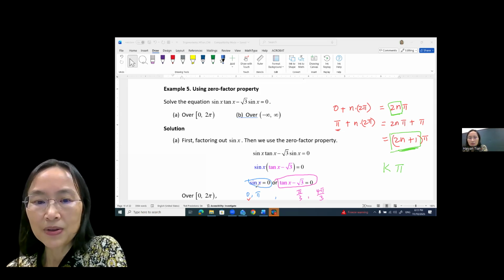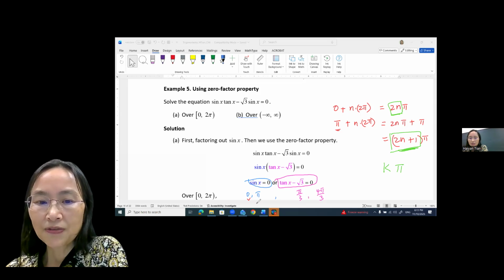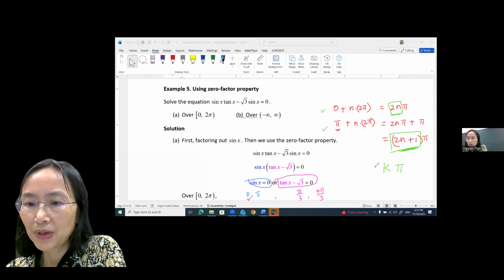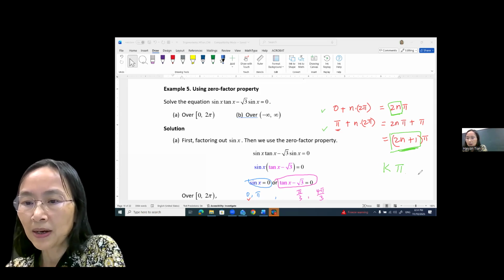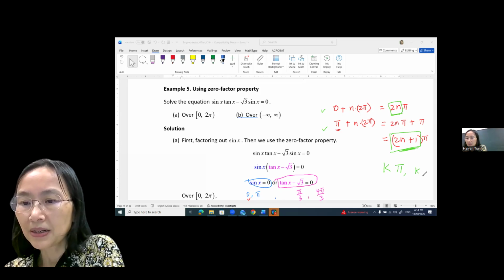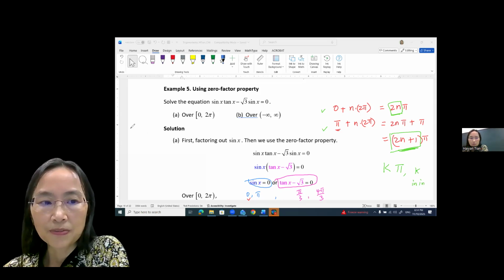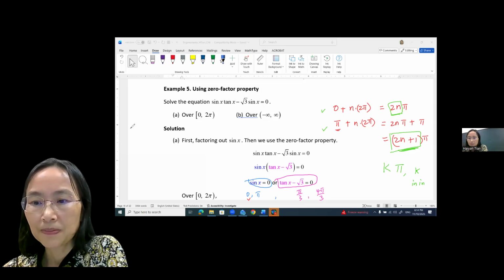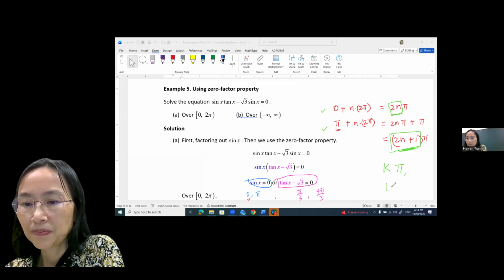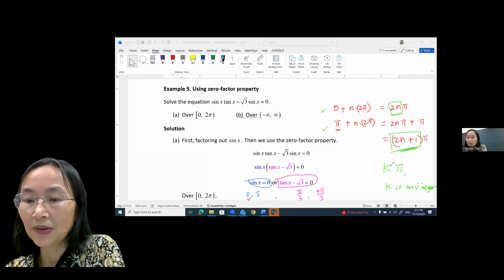So we can write our solution from either this one or that one as k pi, where k is an integer. If k is any integer, that means it can be even or odd.